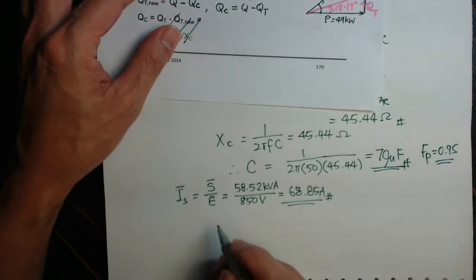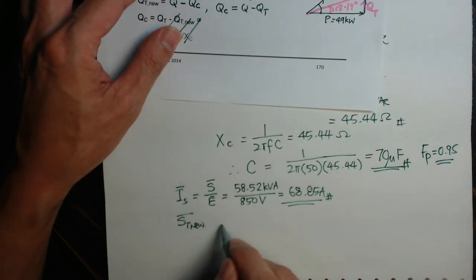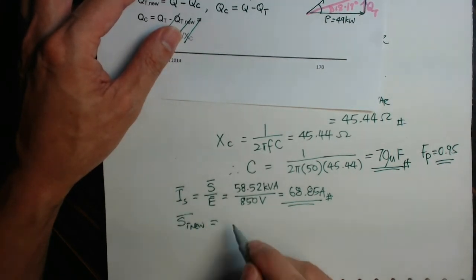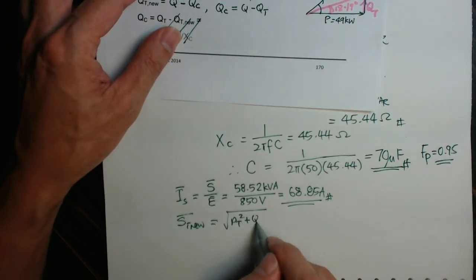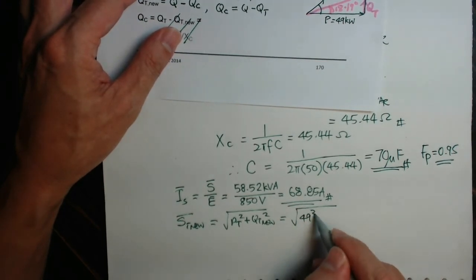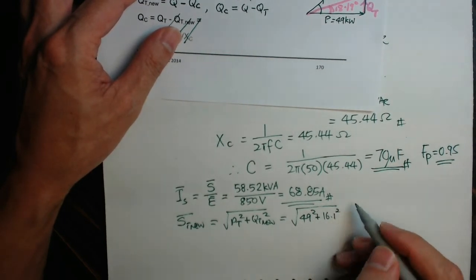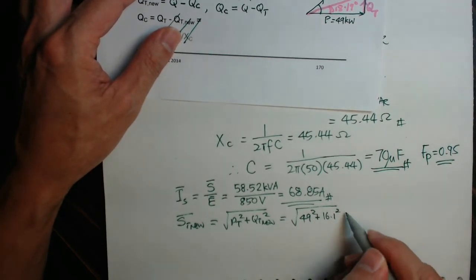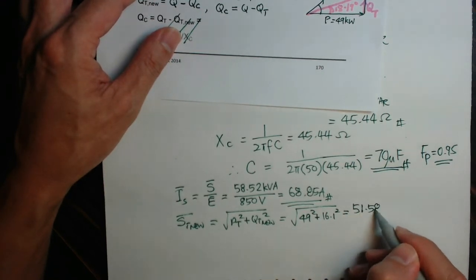The new apparent power can be calculated from the square root of PT squared plus QT squared. So that's equal to the square root of 49 squared plus 16.1 squared. That gives me an apparent power of 51.58 kVA.